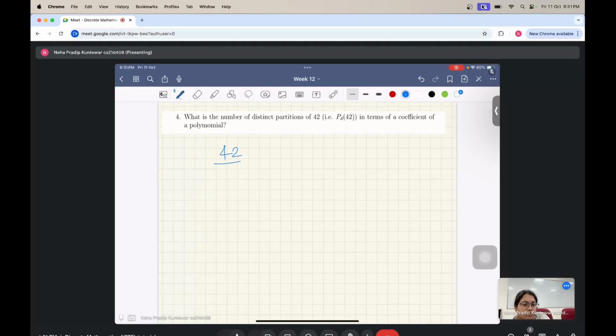So what we said last time in the course was that PD of x is given by (1 plus x)(1 plus x square)(1 plus x cube), and so on, up to (1 plus x to the 42). Now why is that?